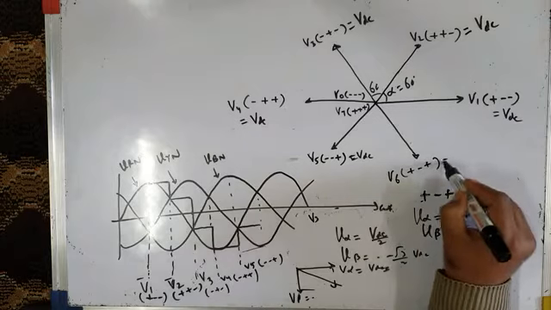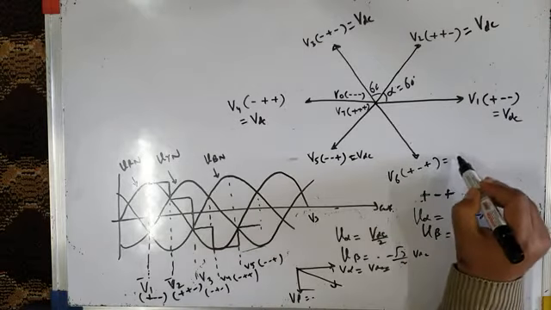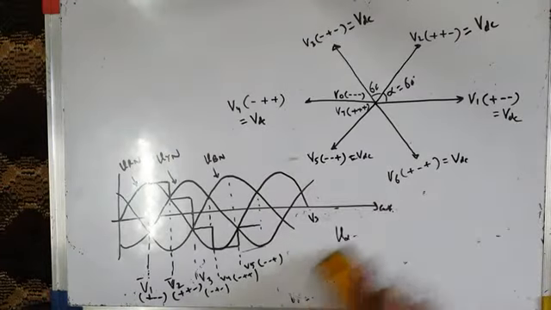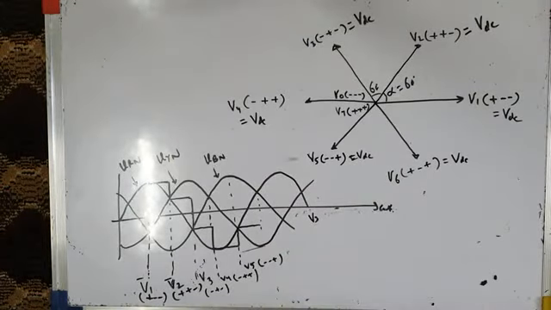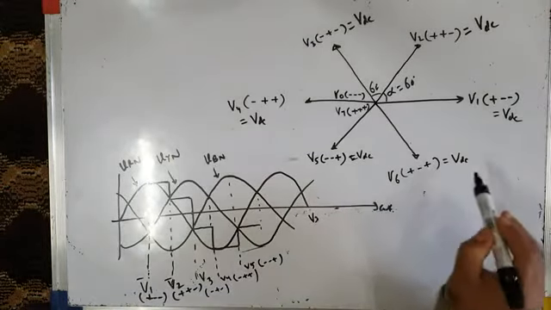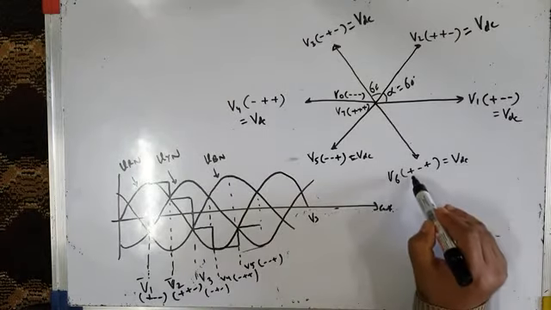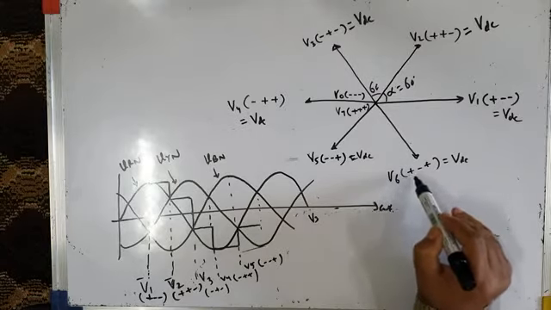That gives voltage vector V6, whose length is also equal to VDC, right? So that means after 60 degrees, a new voltage vector V6 equal to VDC will get applied across the load, which represents the three phase voltages, in which the status of three phase voltages is like this.